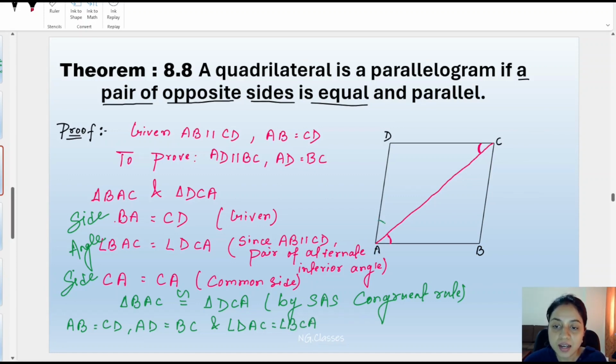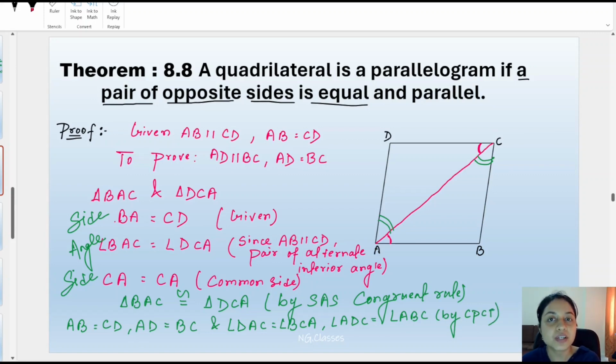This angle will be equal to this angle, and angle ADC must be equal to angle ABC by CPCT.